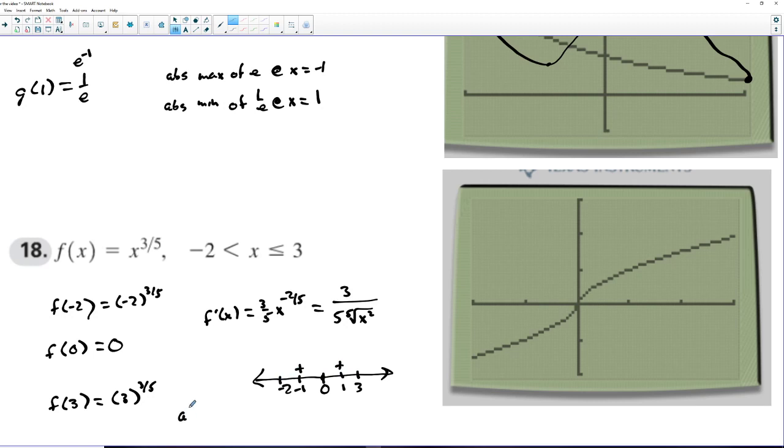So we can say absolute max of 3 to the 3/5, and that's happening at x equals 3. And we have an absolute minimum of negative 2 to the 3/5. And that's happening at x equals negative 2.